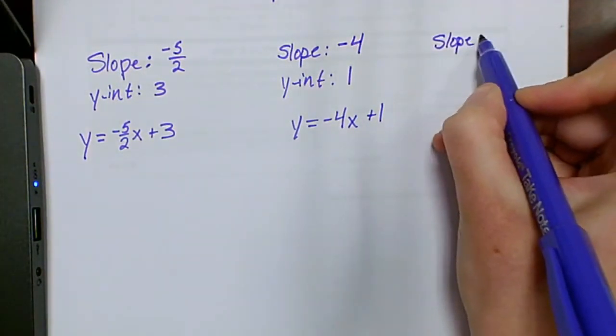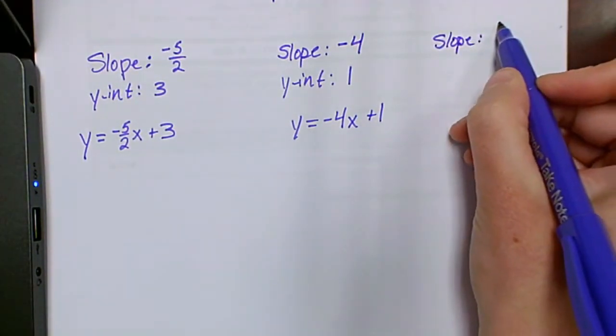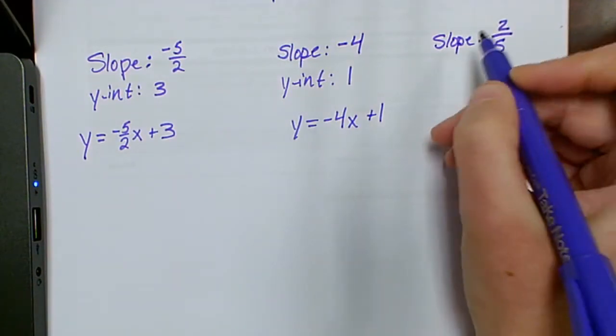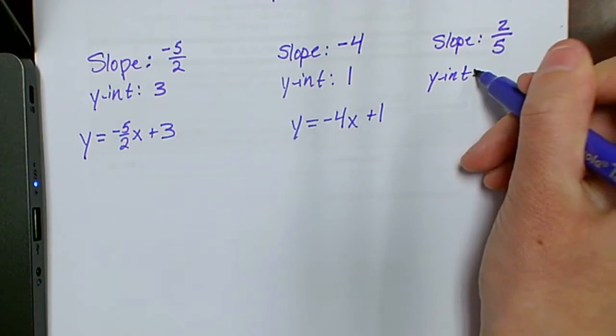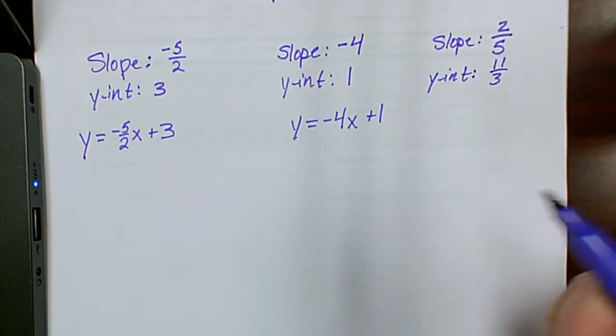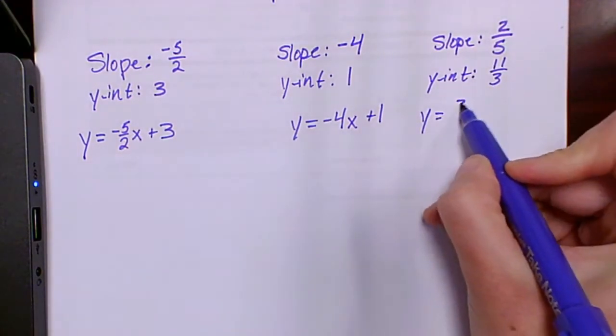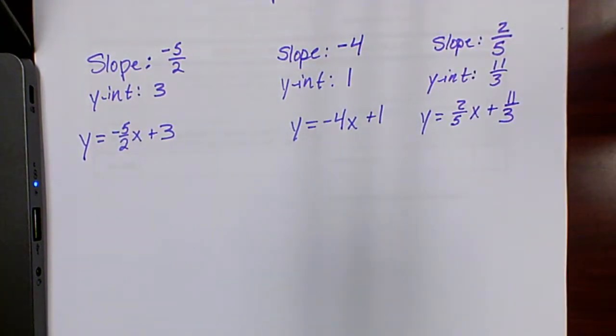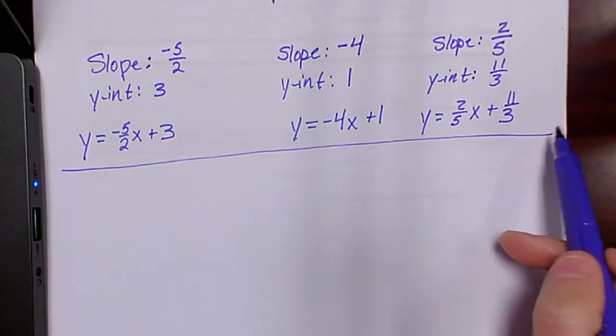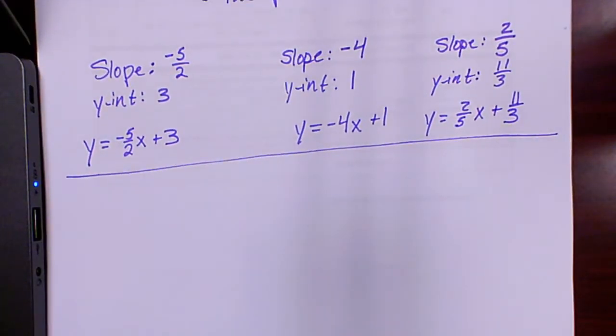One more. Slope of 2/5 with a y-intercept of 11/3. So y equals 2/5 x plus 11/3. And we are done. So anytime you have a slope and a y-intercept, you plug them in.